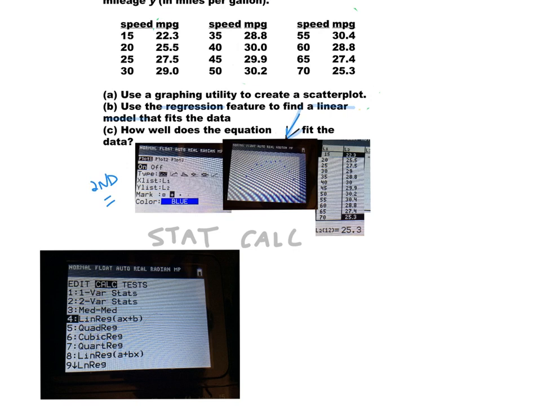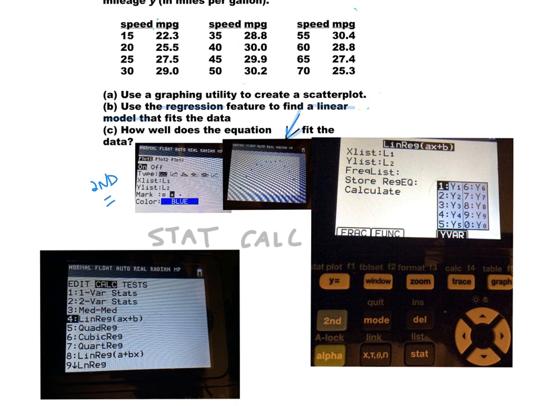When you select option 4, this is what your calculator should look like. You want to make sure that your X list and your Y list match the X list and Y list that you used for the scatter plot. And here's the key. You want to move the cursor down next to store regression equation. So this fourth spot.